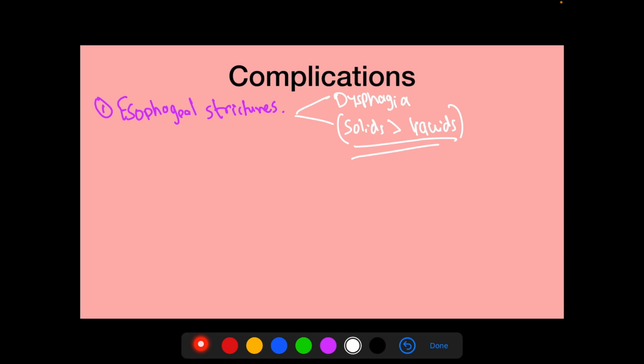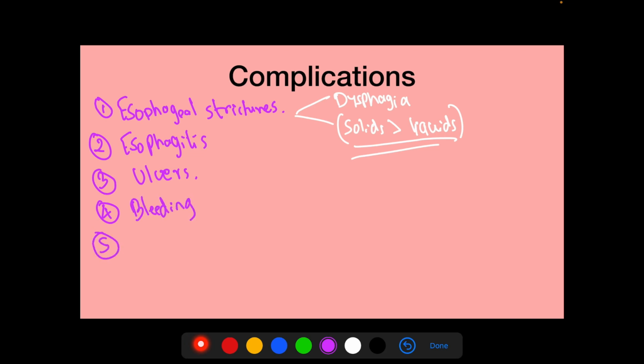The second is esophagitis. The third one is ulcers. Fourth is bleeding. And fifth, the most common, is Barrett's esophagus.